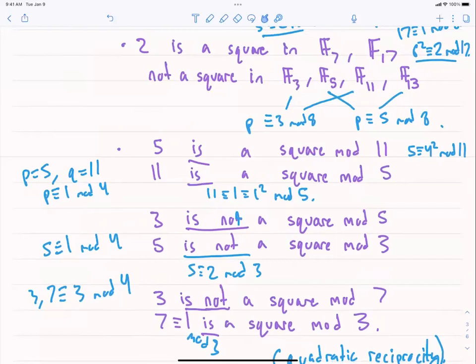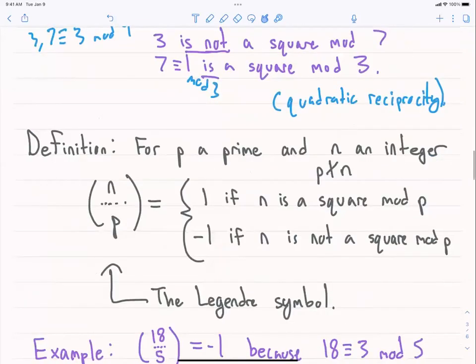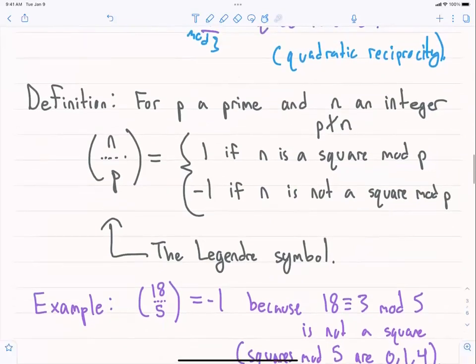I want to now make a definition that will let us encode these properties in a useful way for making computations. And that definition is the Legendre symbol. I take P to be a prime number, and N is an integer with P not dividing N. Then I write N dot dot dot P. This is the Legendre symbol of N over P. Sometimes people write just a solid line here, but I like these dots because then you don't get confused with fractions.